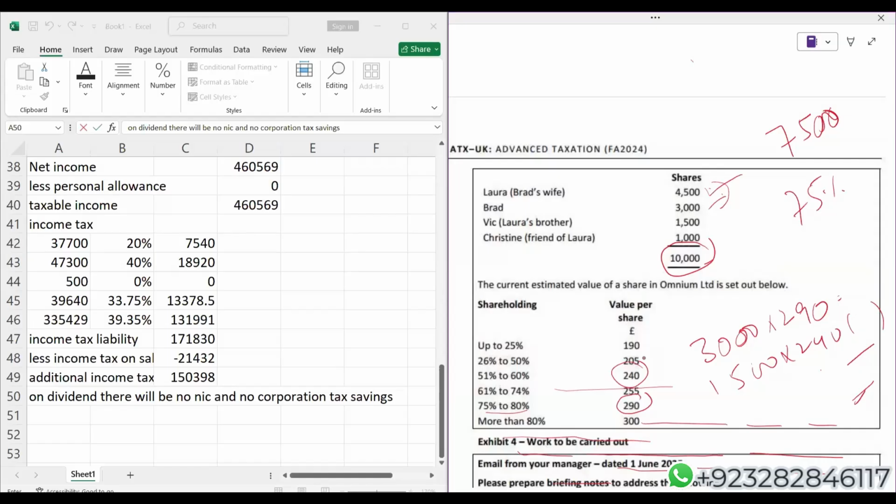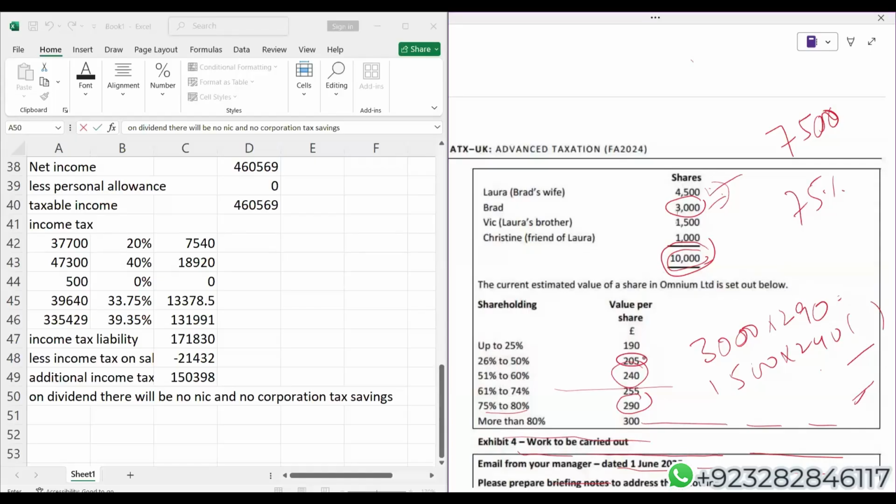If I ignore the related property rule, Broad's 3,000 shares out of 10,000 is a 30% holding. A 30% holding means the applicable share price is 205. On 3,000, I should be using 205.